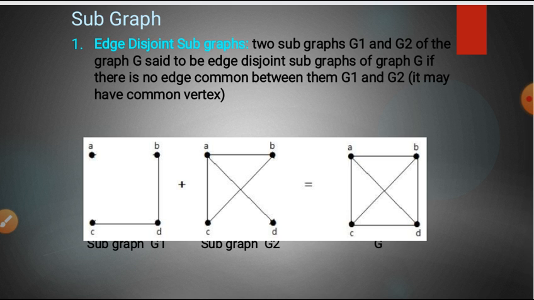For example, A is common in both, B is also common, C is also common, and vertex D is also common in both G1 and G2 graphs. So what is the union of these subgraphs? We can see the output is G, that means the combination of both G1 and G2.